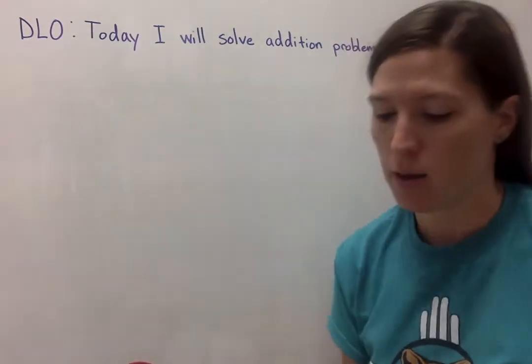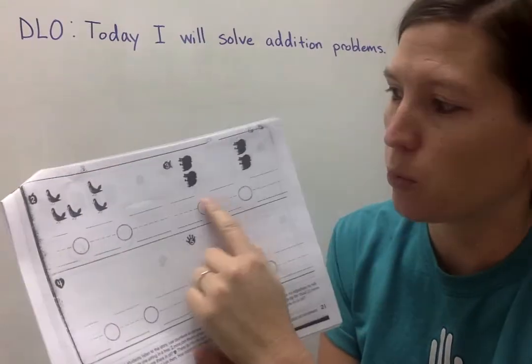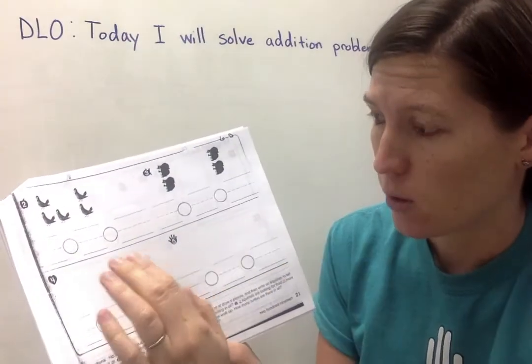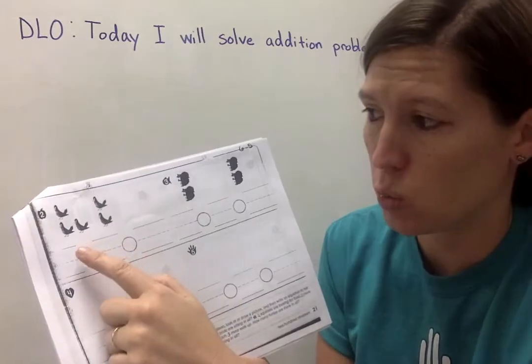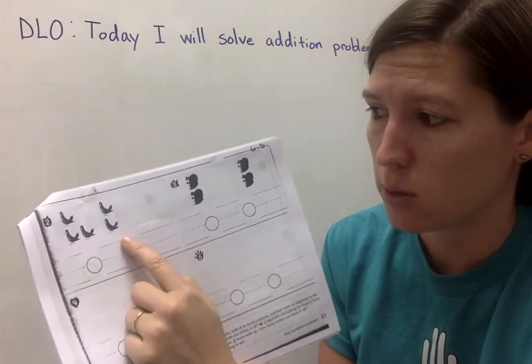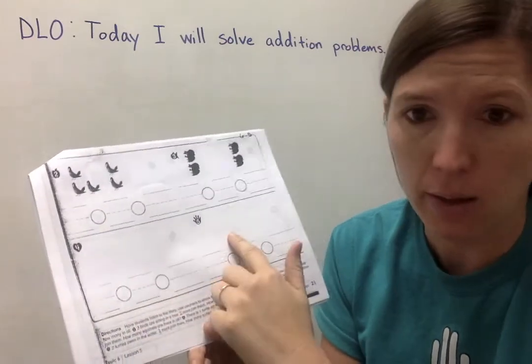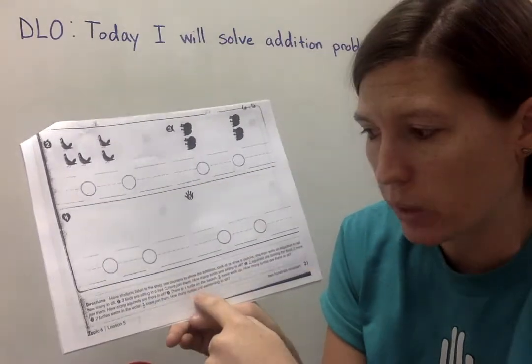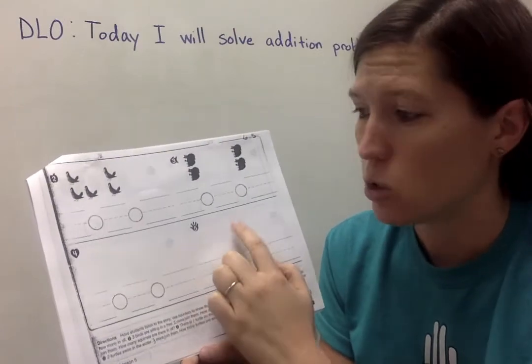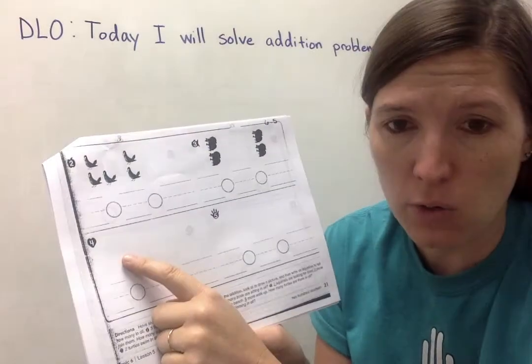So today, I'll show you. The first 2 problems have pictures to work with. 3 birds and 2 birds. 2 squirrels and 2 squirrels. But down here it's blank. You have to read the story down below to make it. You can color them on here if you want.